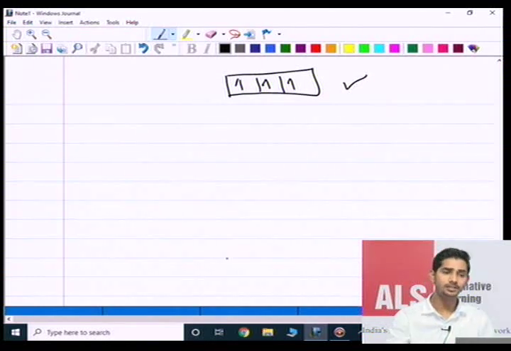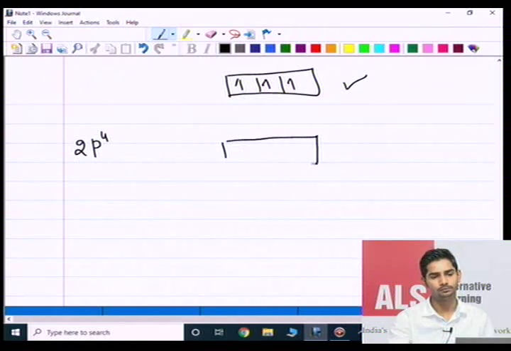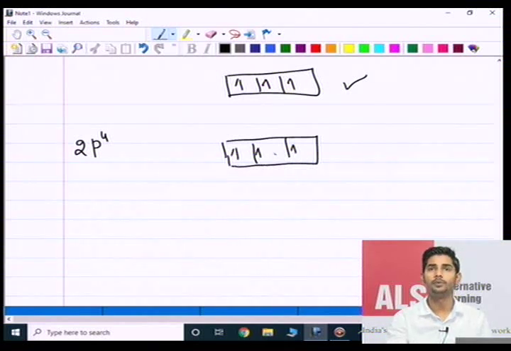But let's say suppose I have 2p4. How can I fill it? Again, you will do the same. First, you will singly fill every atomic orbital, and then pairing starts, because we know that one orbital can accommodate 2 electrons. Guys, here a single box represents one orbital. Then you will go back to the first and fill one more electron, but remember the spin should be opposite, to gain the maximum stability. So here you can fill like this.